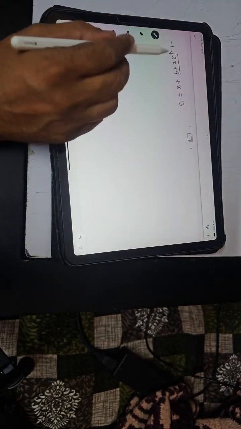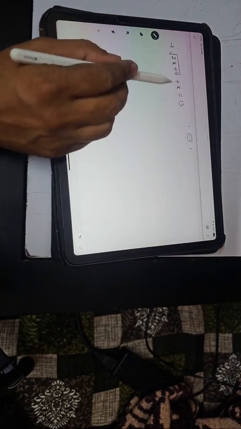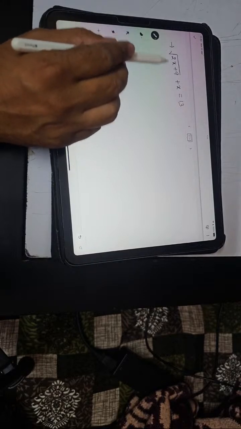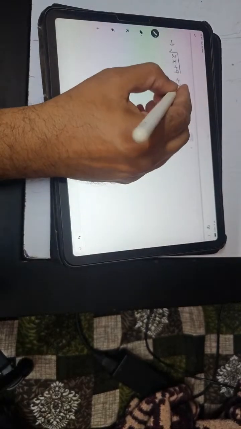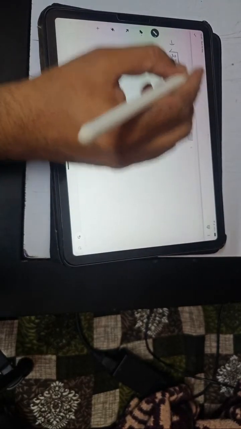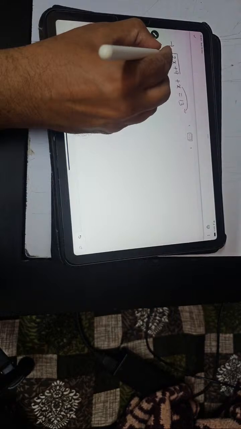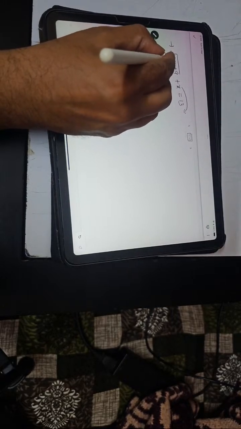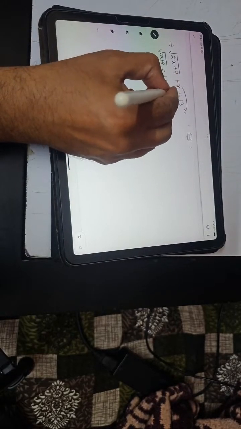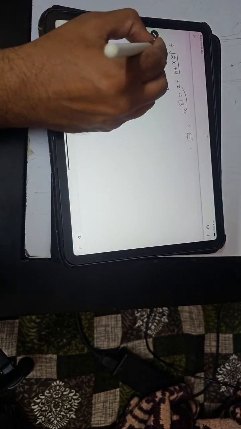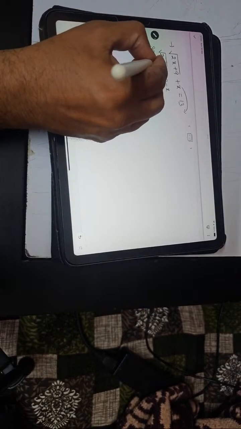See, if I do squaring on both sides, I will be having problem again. I will get a square because 2ab I will get. So first what I am doing, I am taking x on this side. So root of 2x plus 9 equal to 13 minus x. Now I am squaring on both sides.